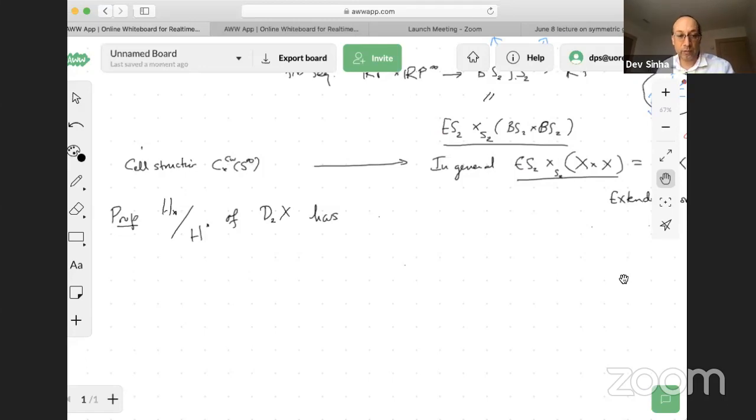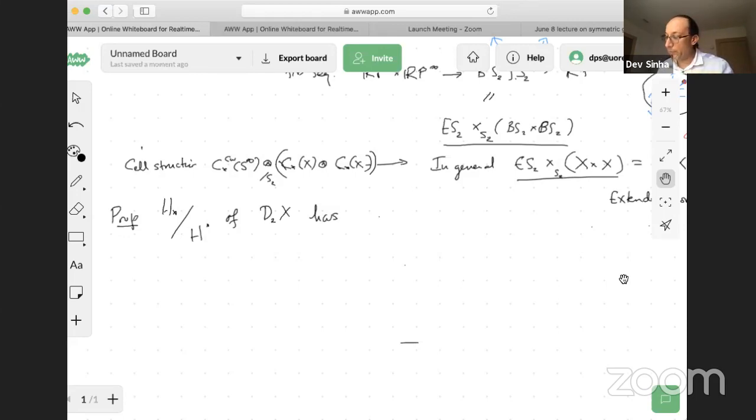That's a standard resolution of the group S2 or Z mod 2, cyclic of order 2, tensored with the chains on X, tensored with itself. That's of course the product. And then we're going to quotient by S2.